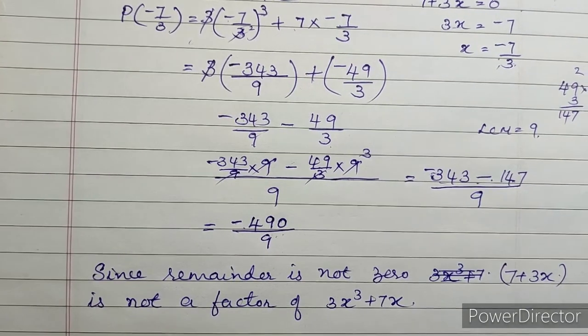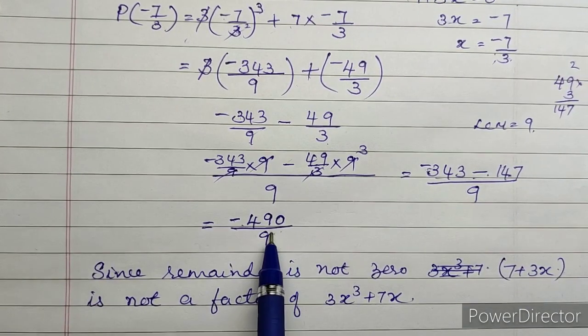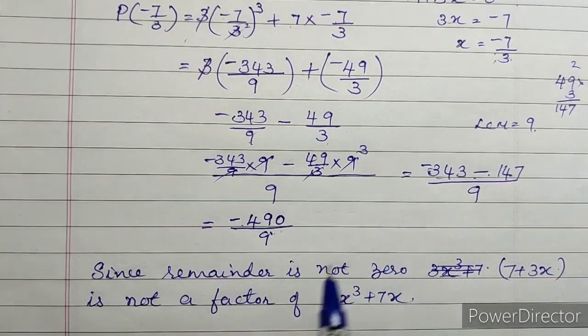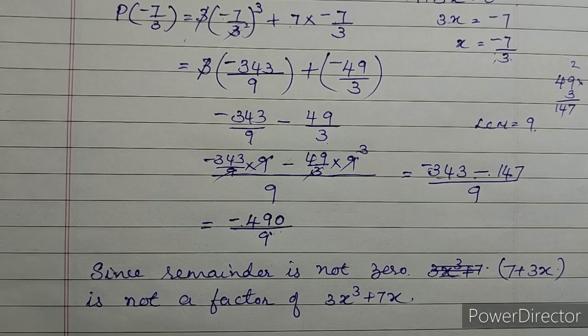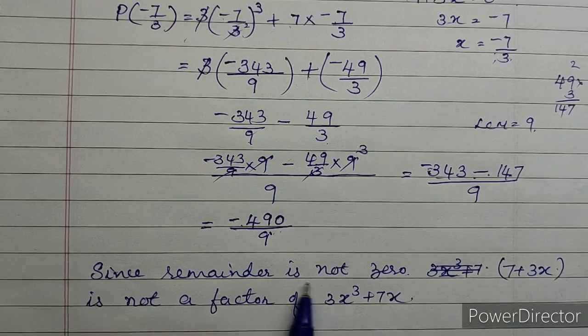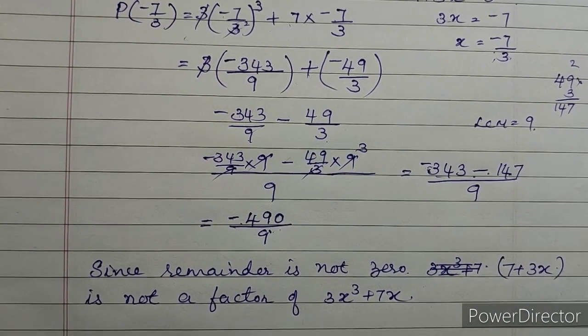So this is the conclusion. Since remainder is not equal to 0, any number other than 0 comes, it is not a factor. So by factor theorem, since remainder is not 0, 7 plus 3x is not a factor of the given polynomial.